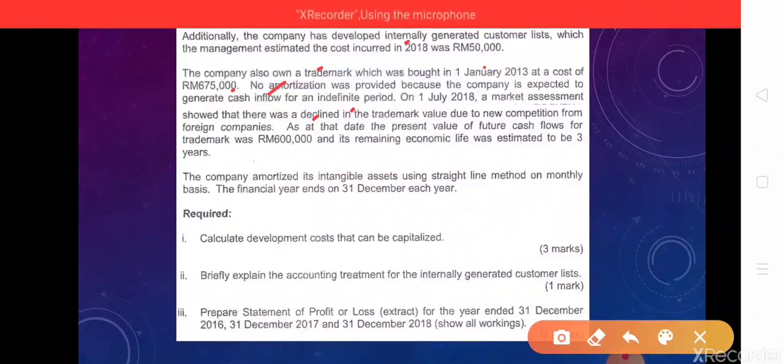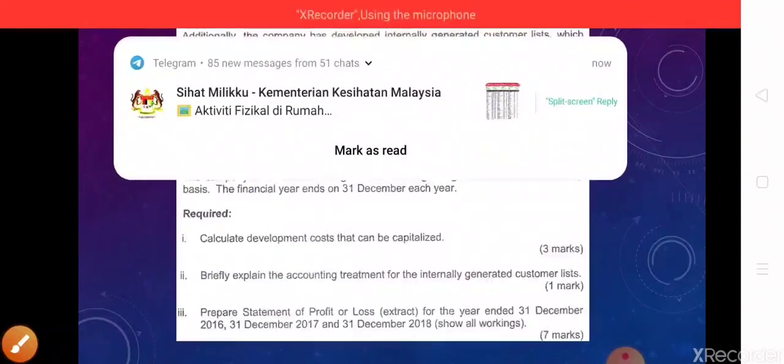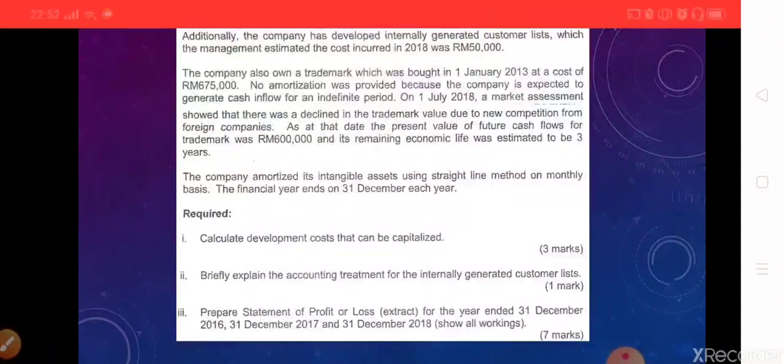As at that day, the present value of future cash flows for the trademark was 600,000 and its remaining economic life was estimated to be 3 years. So the company amortized its intangible asset using the straight line method on a monthly basis. The financial year ends on 31st December each year.